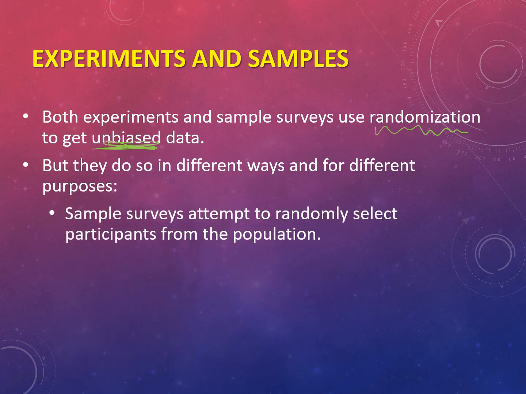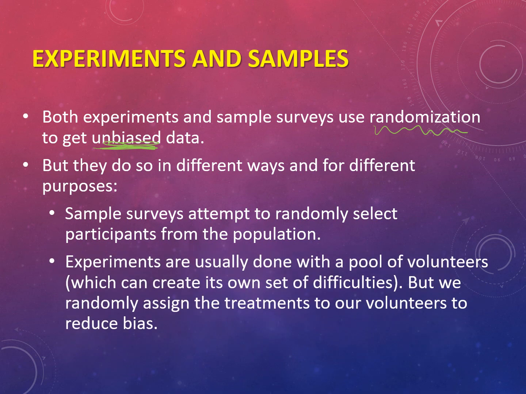Some of them are similar, like randomly selecting samples for a survey. For a sample survey, you're going to randomly select your participants. But when you're doing an experiment, you don't always have that luxury. You can't make a person participate in an experiment, so experiments are usually done with volunteers. It's kind of like the voluntary response survey, where people went to the survey to participate.